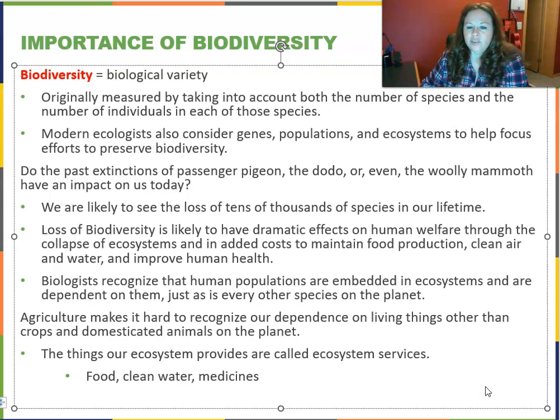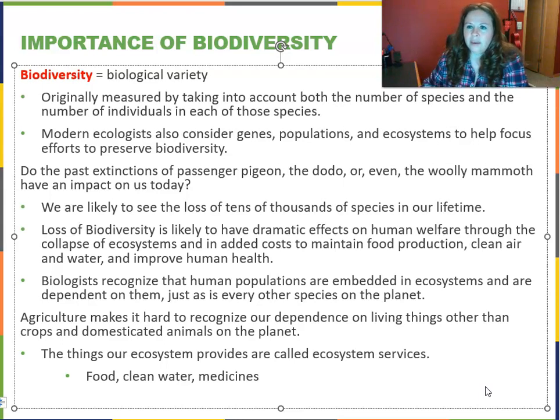Biologists recognize that human populations are embedded in ecosystems and are dependent on them, just as is every other species on the planet. Agriculture makes it hard to recognize our dependence on living things other than crops and the domesticated animals that we regularly see and rely on.